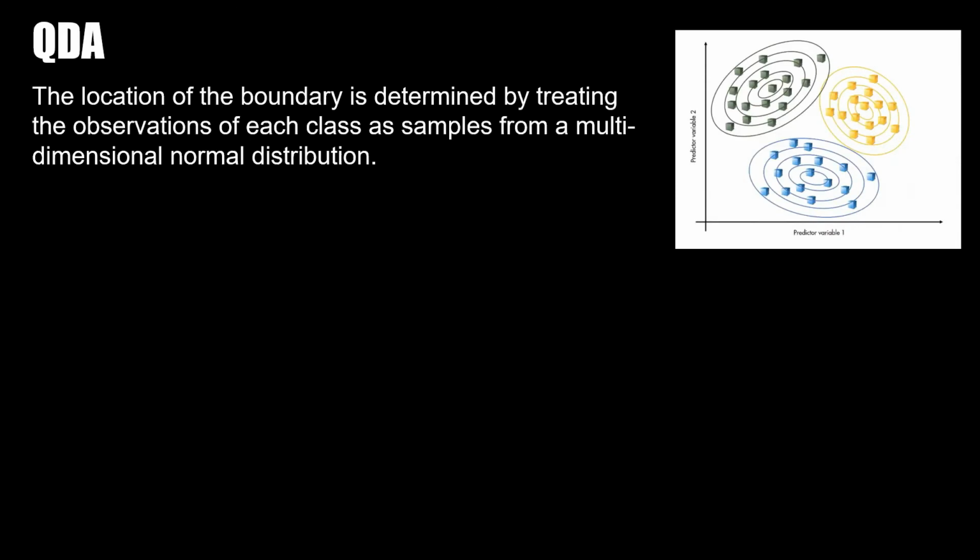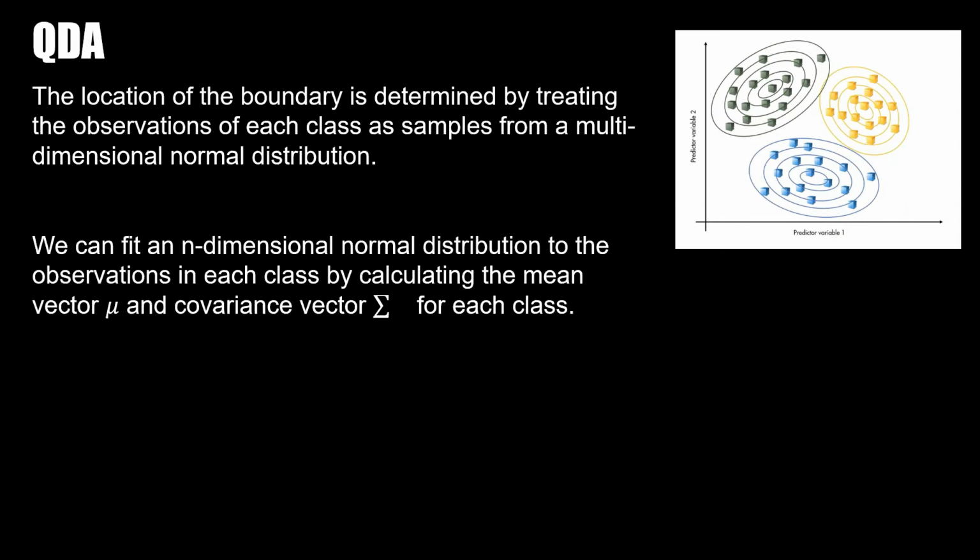So how this is done, say we have 3 classes here. So what happens, it considers every class of the sample coming from a high dimensional normal distribution.